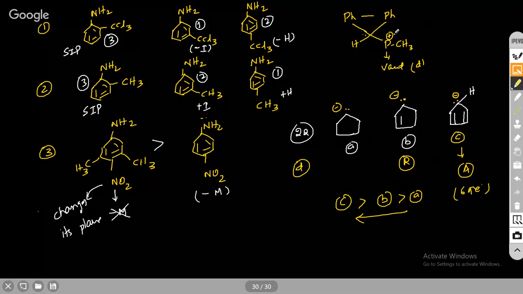If that conjugate acid is stable, then we can say the compound from which it has formed is more basic. Acidity, if you have to compare, remove the H plus ion. If the conjugate base you get is stable, then the compound from which it is formed is acidic. That's the point.